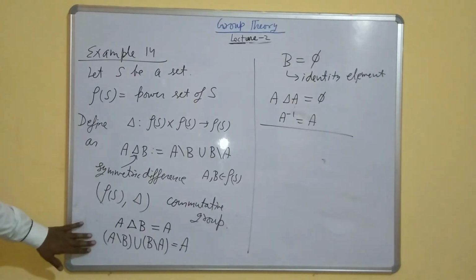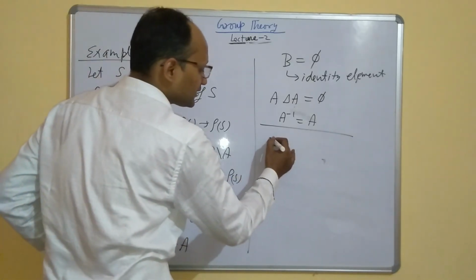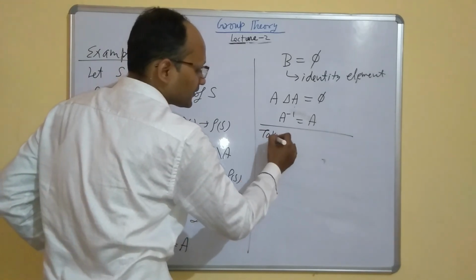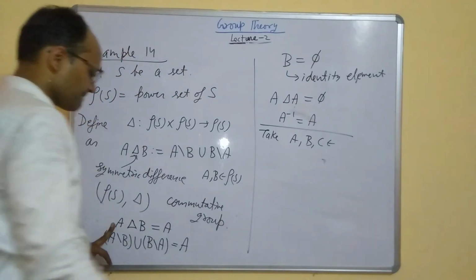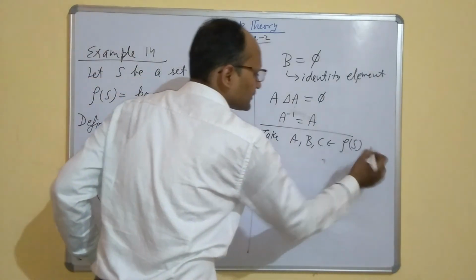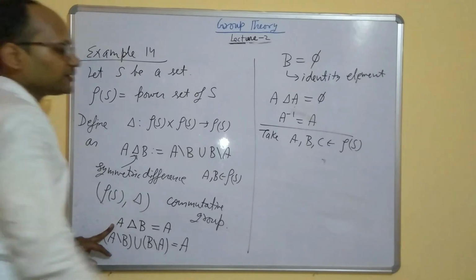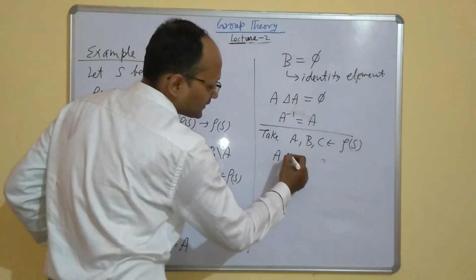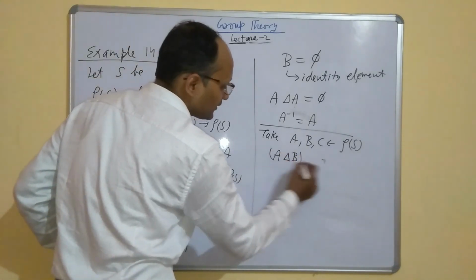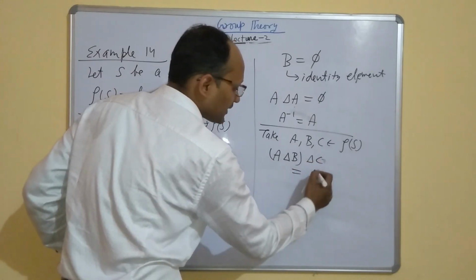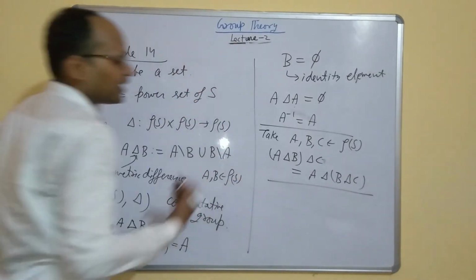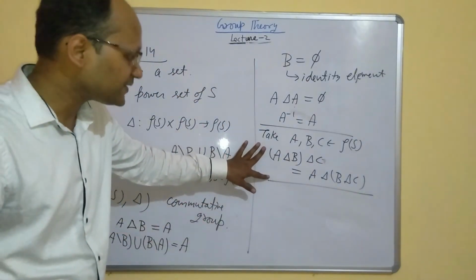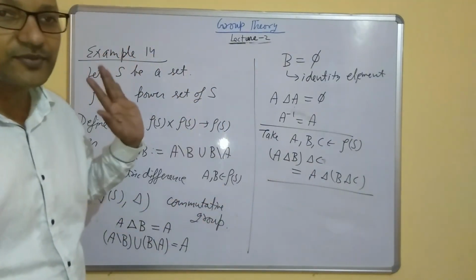So identity exists, inverse exists, associativity you need to check. So for associativity, if you take 3 sets, A, B, C in this set, then you need to check (A symmetric difference B) symmetric difference C is same as A symmetric difference (B symmetric difference C). So I am leaving it as exercise. You can verify it using the Venn diagrams.